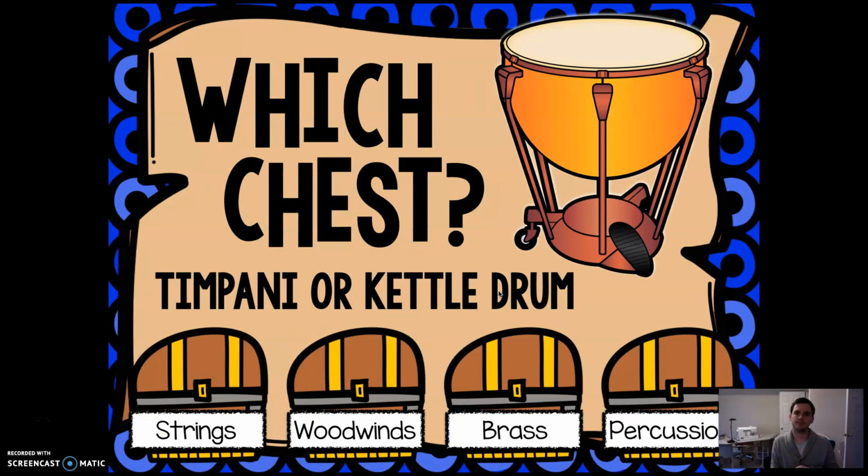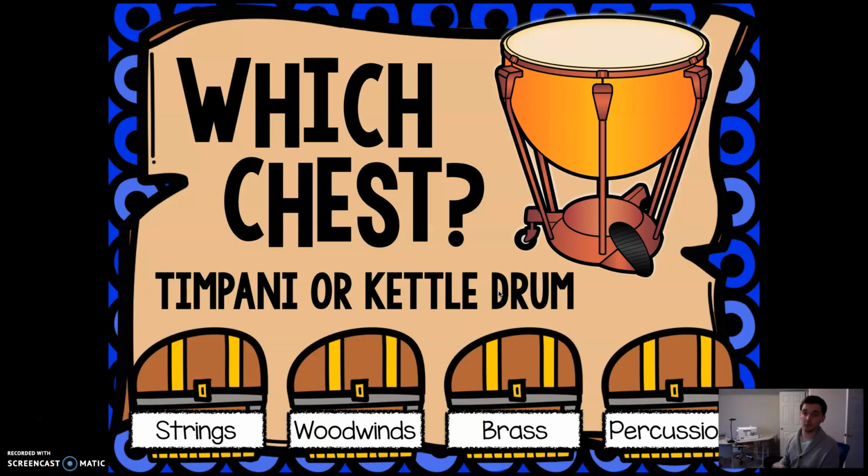So, continuing on, the timpani, otherwise known as the kettle drum. Now, the timpani is a big old round rose brass bottom, and you use a big old mallet to bang on it to create the sound. Now, what do you think it might be?